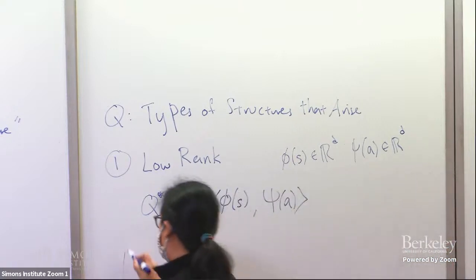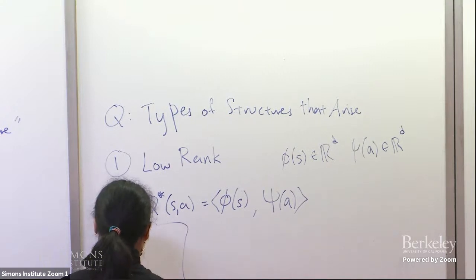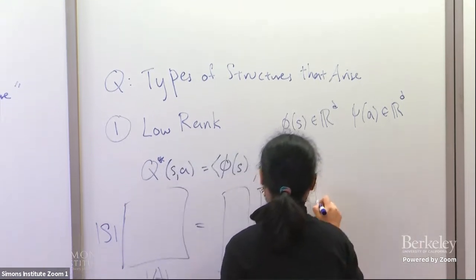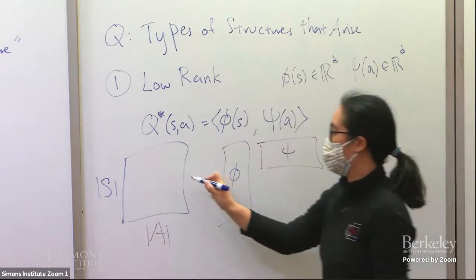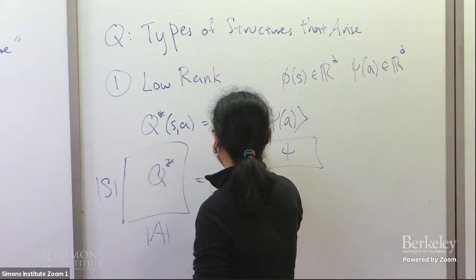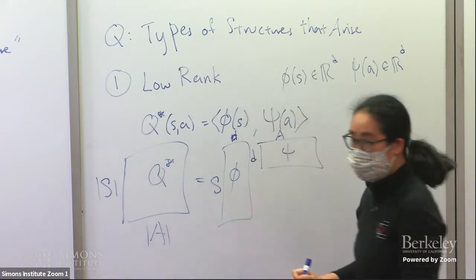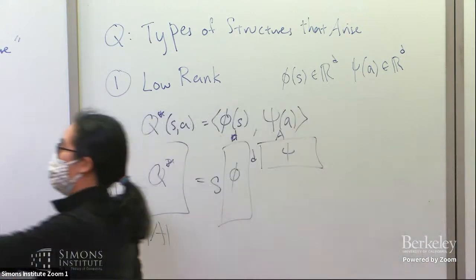So in the tabular setting, S by A, it just means that I can factor my Q function of the optimal policy into something low rank. Actually, maybe I'll use R.